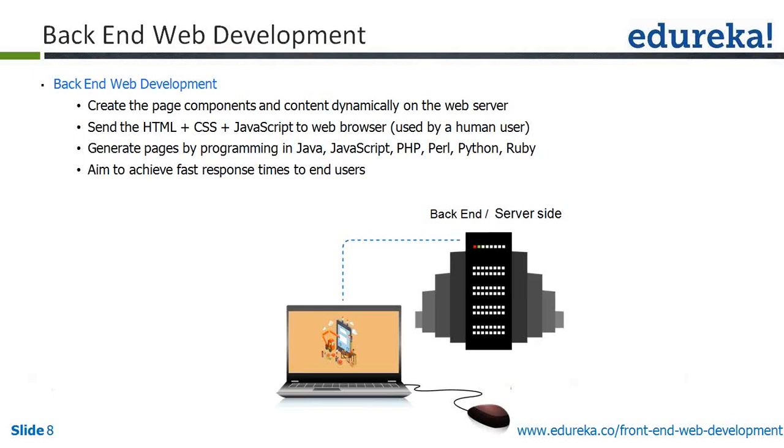Note that the main aim of your backend development is to serve the web page as fast as possible to the end users. And your web server should be able to support as many users as it can. The more users one web server can support, the better.